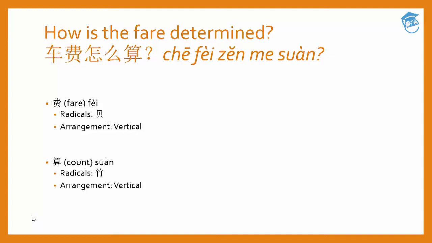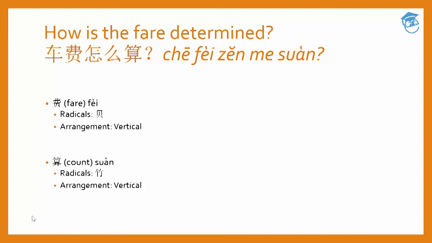Okay, 怎么 is how, 算 is count. So the meaning of count there is to ask, how do you count the fare? It is more like, how do you determine the fare? How do you come up with the fare?